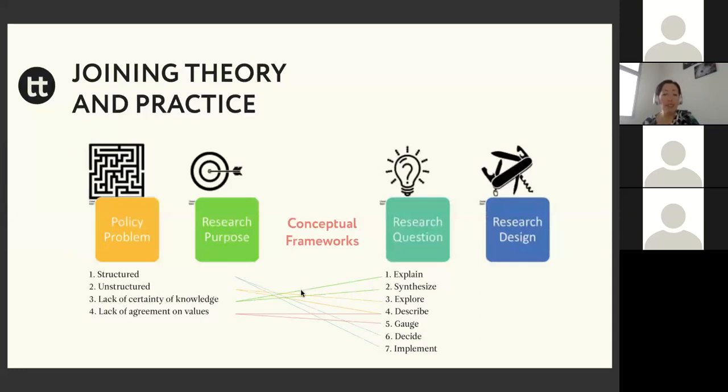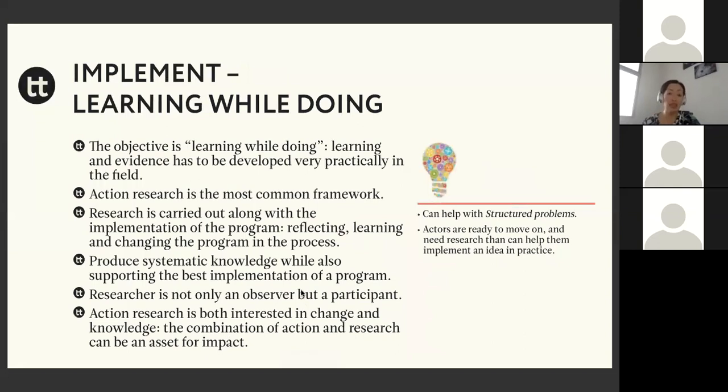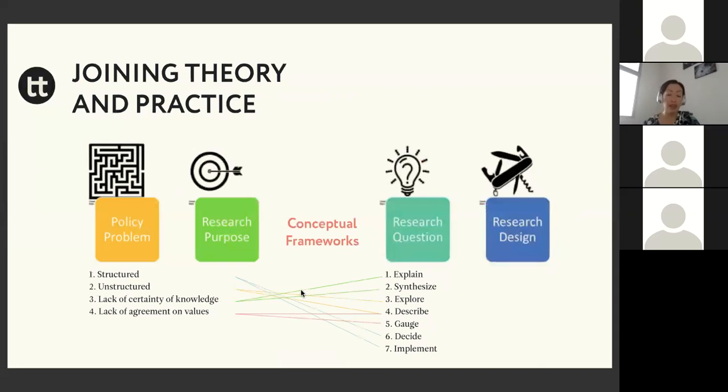But what is more important, because you can read about all these conceptual frameworks in the material that I will send, the most important thing is to remember that depending on the type of problem that we're facing, we will have to choose different types of conceptual frameworks, right?